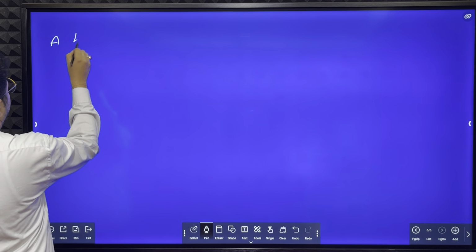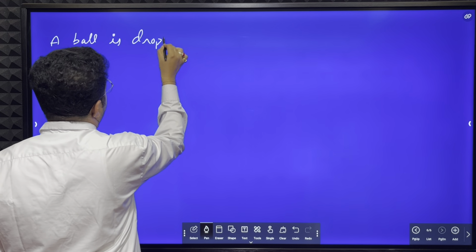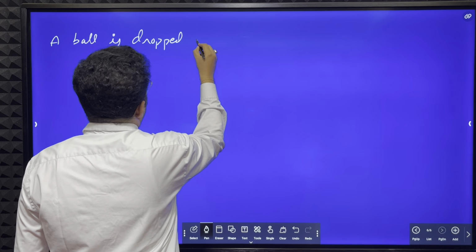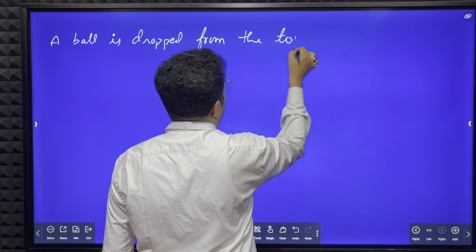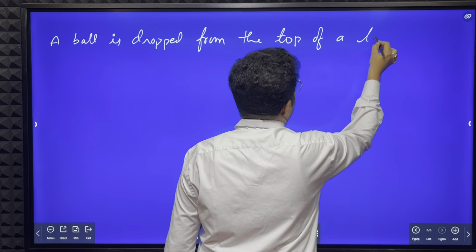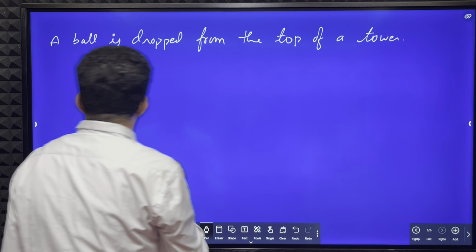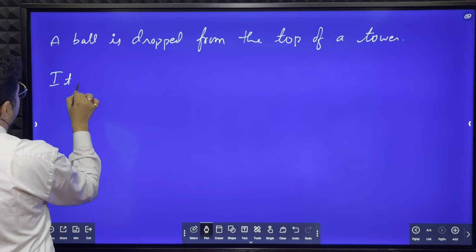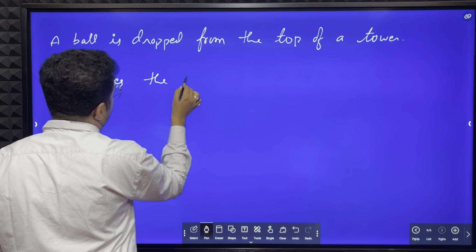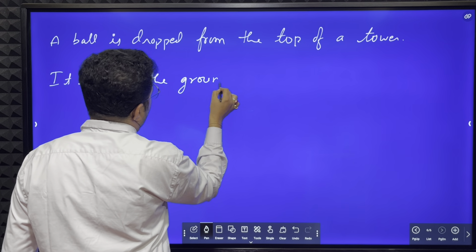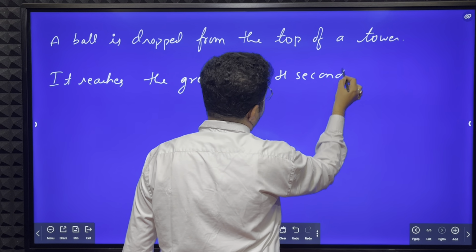A ball is dropped from the top of a tower. It reaches the ground in 4 seconds.